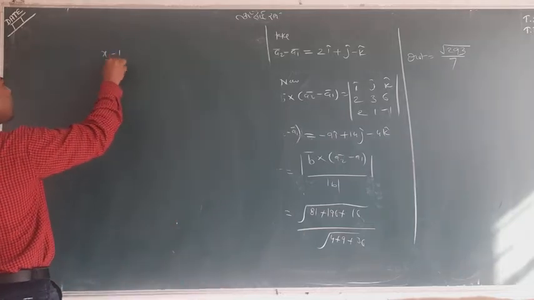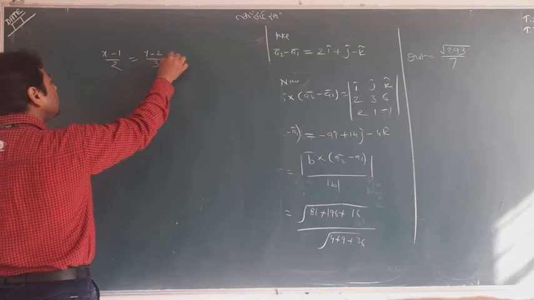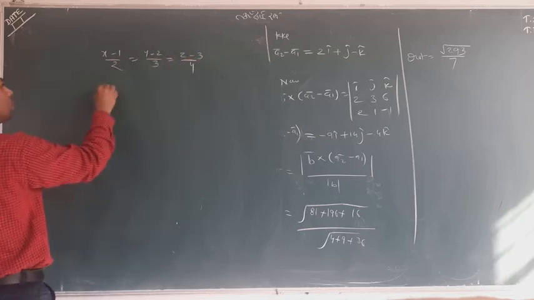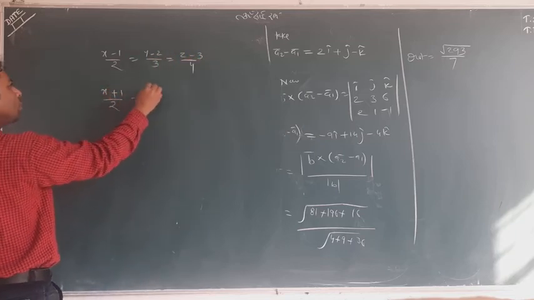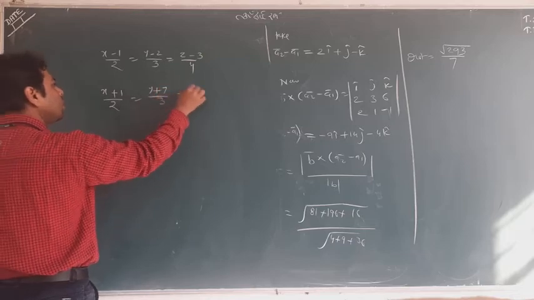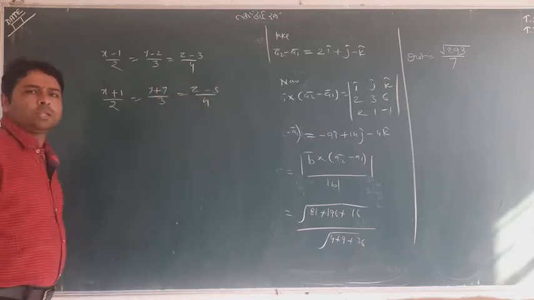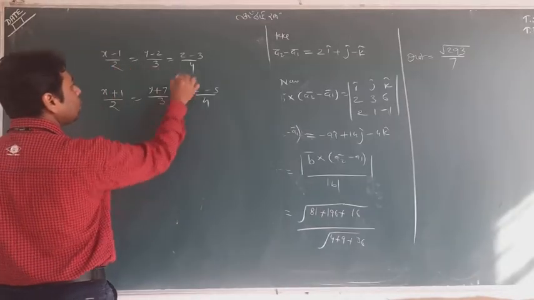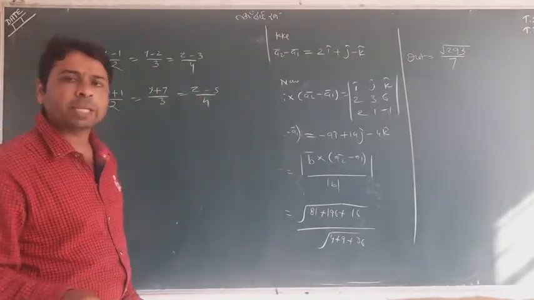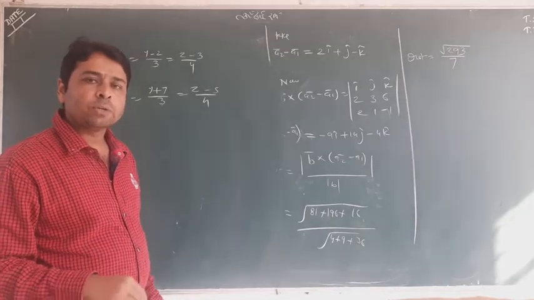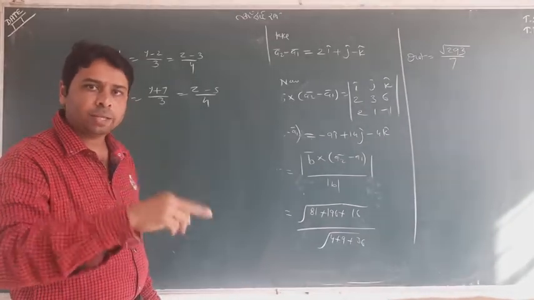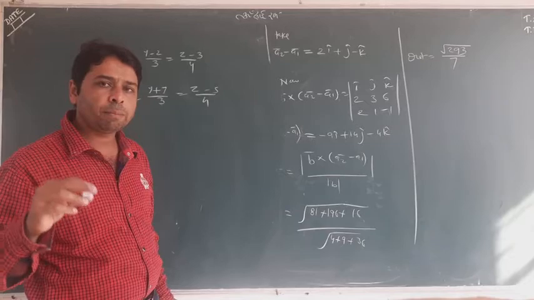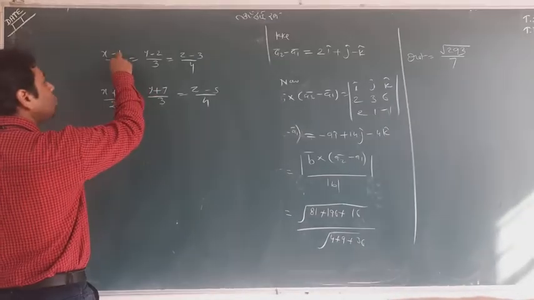Again I tell you only one thing from my side. Suppose lines are coming like that. First of all, can you catch that the ratios 2, 3 and 4 are equal, meaning lines are parallel. And you need three things: A1, A2, B. So what is A1? The point by which the first line passes: 1, 2, 3.